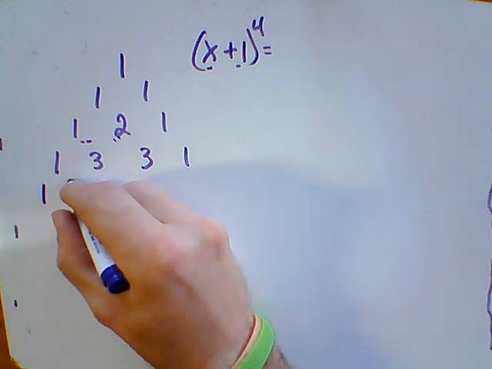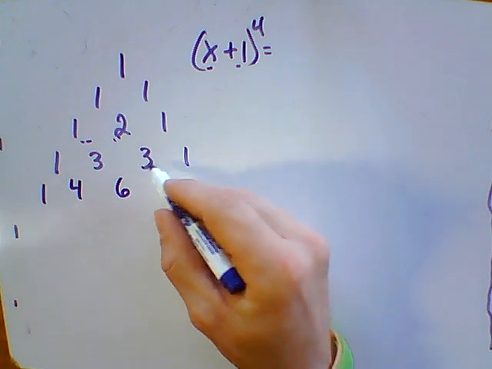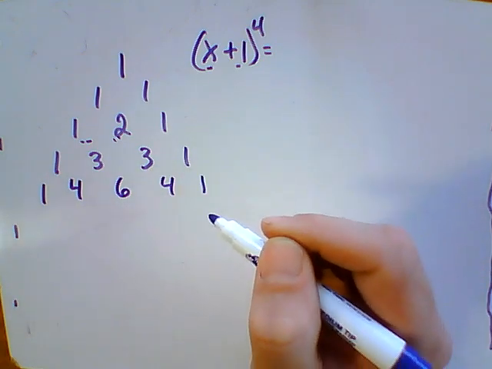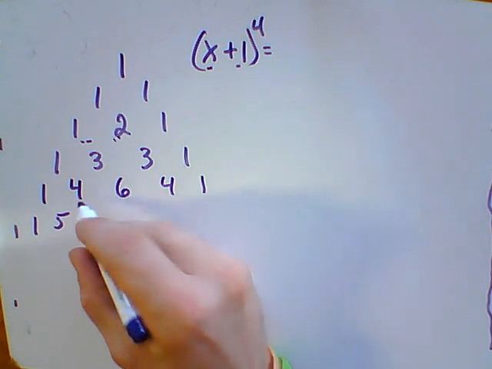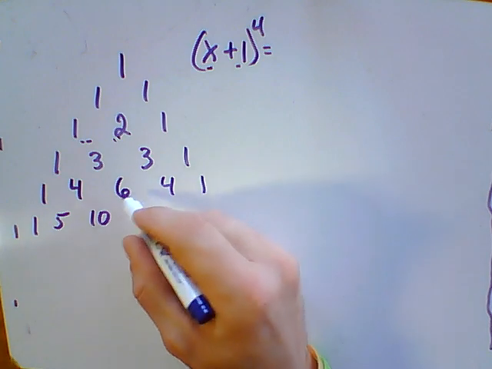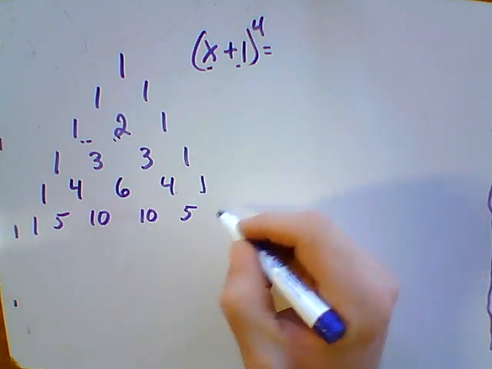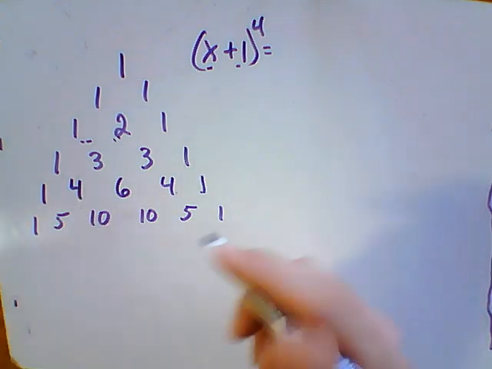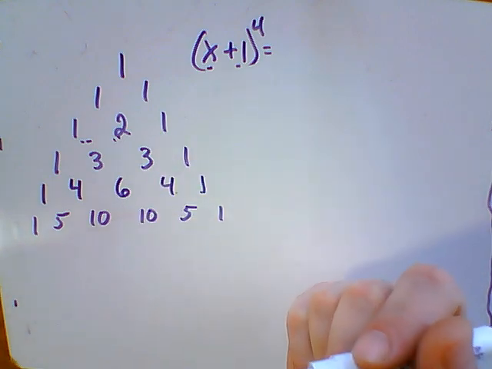That's a 1, that's a 4, that's a 6, because 3 plus 3 is 6, 3 plus 1 is 4, and a 1 on the end. And then he has a 1, and 1 plus 4 is 5, 4 plus 6 is 10, 6 plus 4 is 10, 4 plus 1 is 5, and then a 1 on the end. And found that this actually works all the way down to whatever power I need.